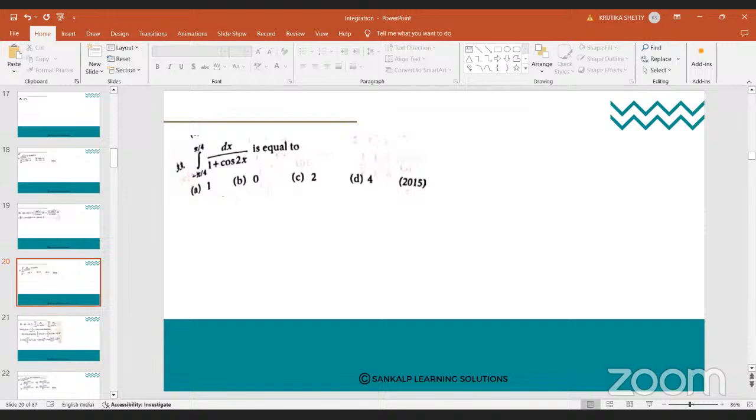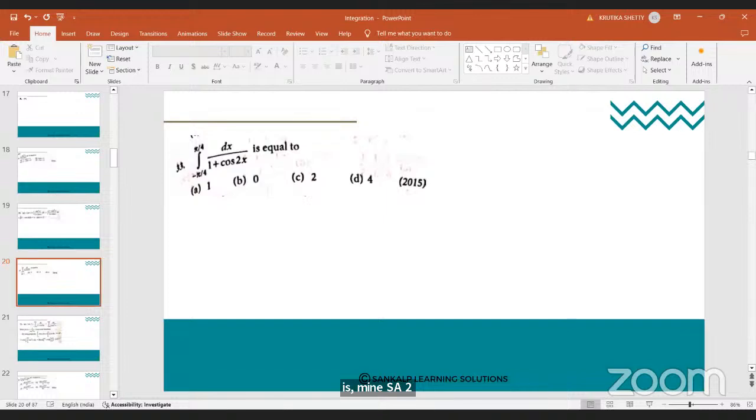Integral from minus pi by 4 to pi by 4 of dx upon 1 plus cos 2x. This example you can also solve. Again we have to make use of the same property: integral from minus a to a of f of x, even and odd function.